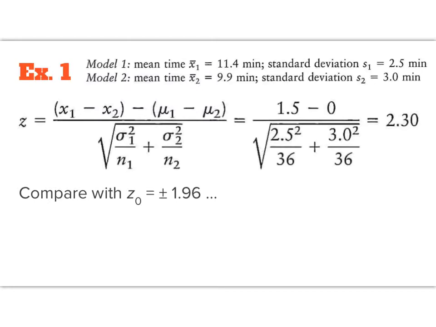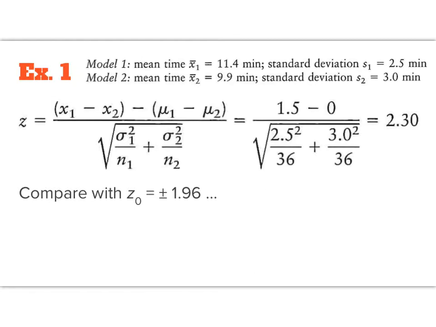The denominator, plug in the values for sigma and n that we have. We sampled 36 of each type. The first model, Model 1, had a standard deviation of 2.5, and the second model had a standard deviation of 3.0. So that's where all those numbers are coming from. We plug them all in, we get 2.30.